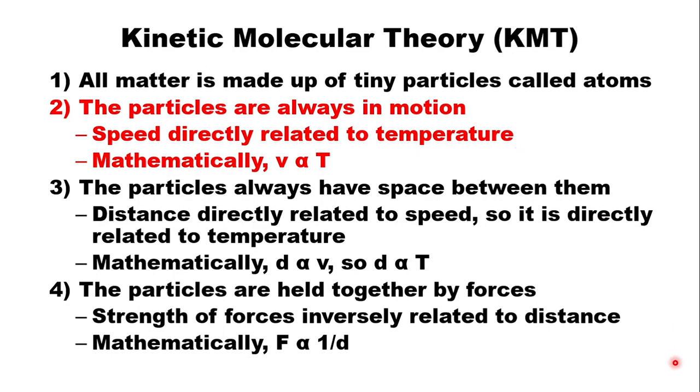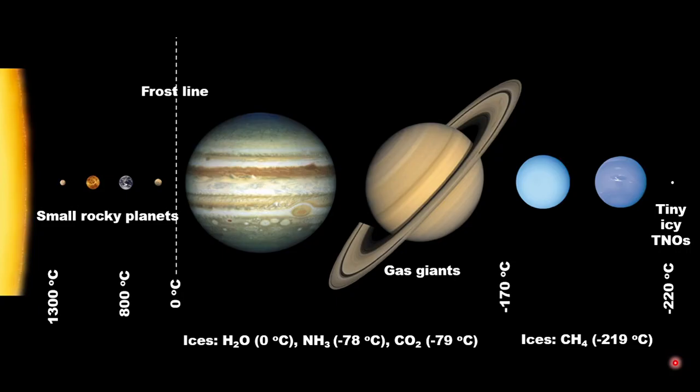And when we added this idea into nebular hypothesis, it explained for us why we have the small rocky planets all close to the sun and the large gas giants far from the sun beyond what we called the frost line, the point at which the temperature drops low enough that most materials are now frozen into ices.